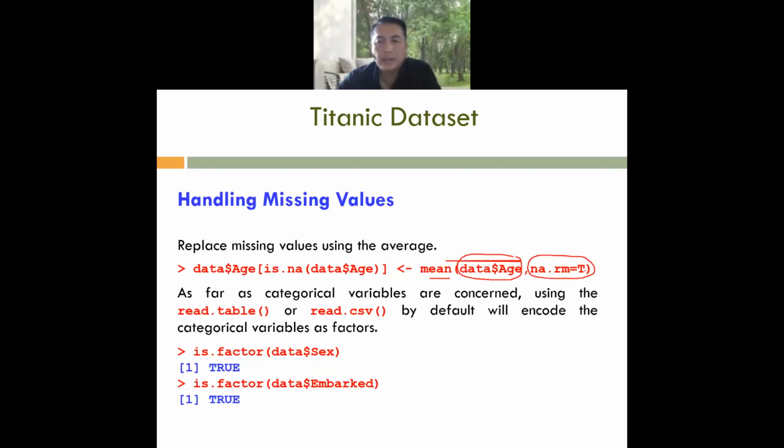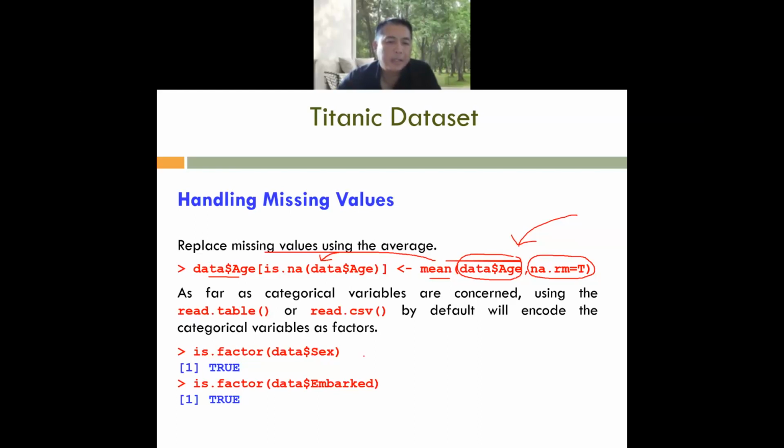I'm looking at the average age that I have in my data set. Whatever mean that I get, I will store and replace the missing ones in my data set. So this is simply a statement saying that I'm getting the average here, and then I will replace all the missing values here with the mean of the age that I have in my data set.